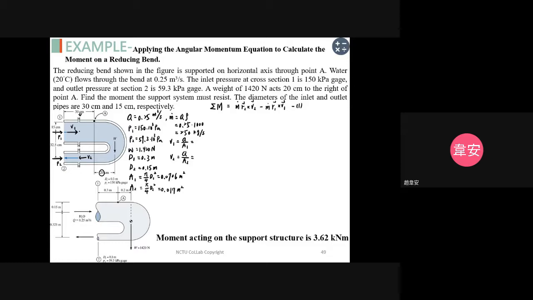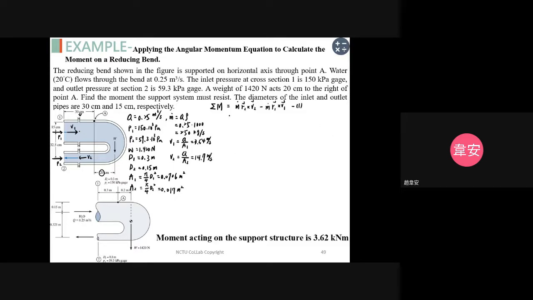Q is 0.25 divided by A1, which is 0.0706, so the velocity V1 here is 3.54 meters per second, and V2 is 0.25 divided by 0.017, which is around 14.7 meters per second.